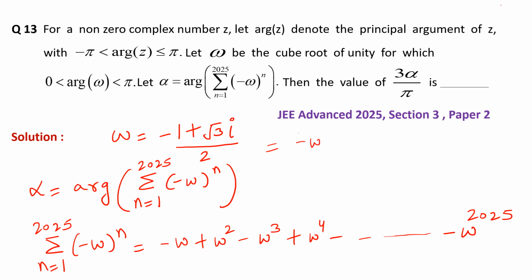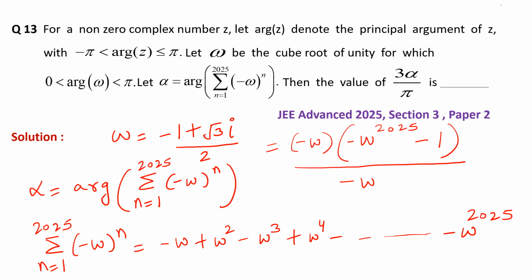So this is minus omega into the bracket minus omega to the power 2025 minus 1, whole divided upon minus omega minus 1, because the formula is a into r to the power n minus 1, whole divided by r minus 1, where r is the common ratio of the GP, a is the first term, and n is the total number of terms in the GP.